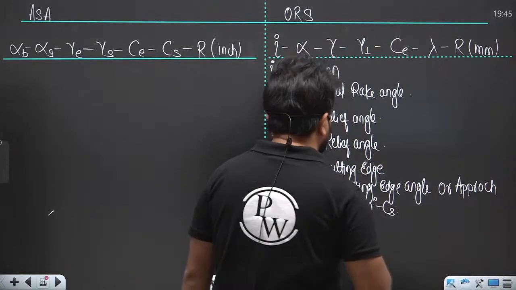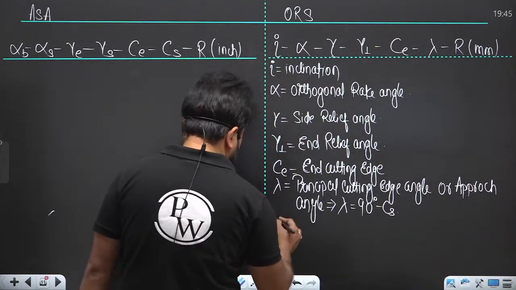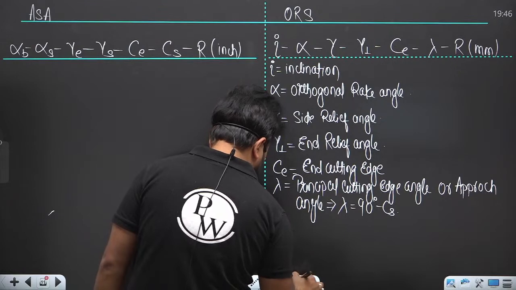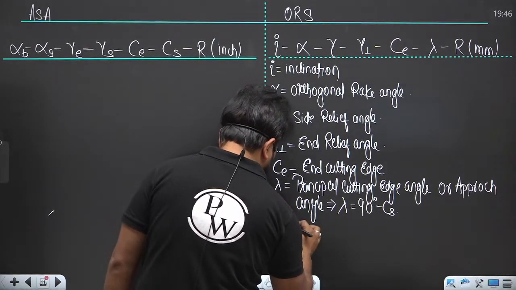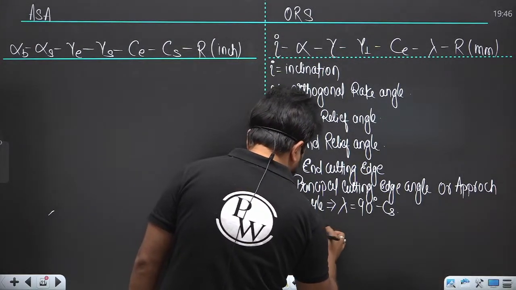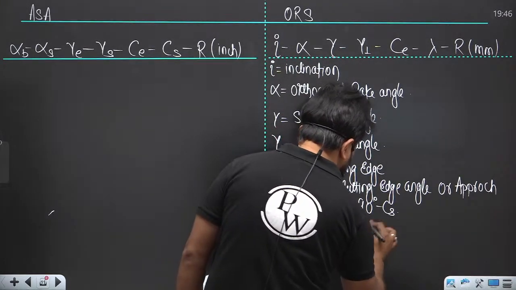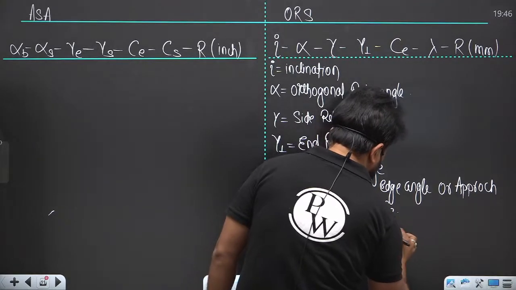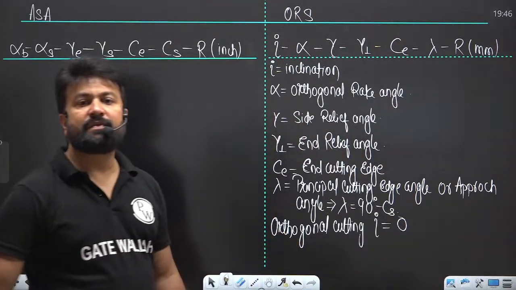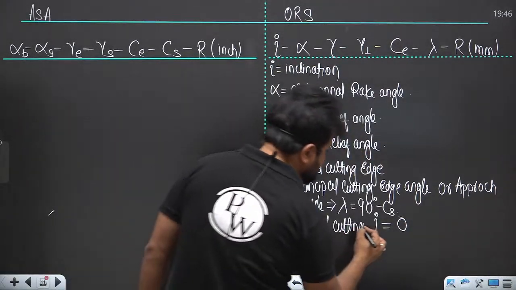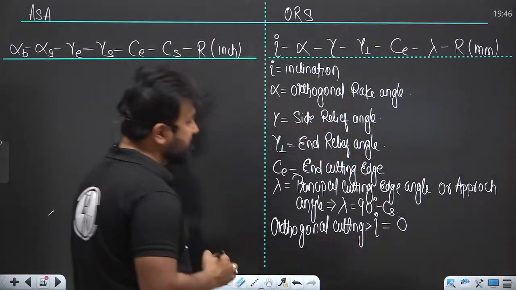Always remember that for orthogonal cutting, I equals 0.